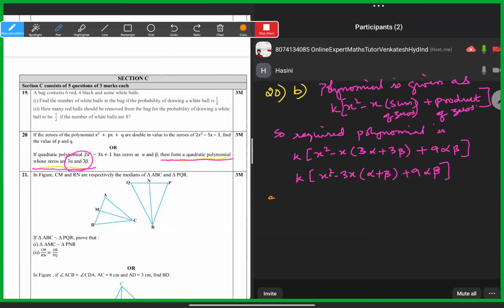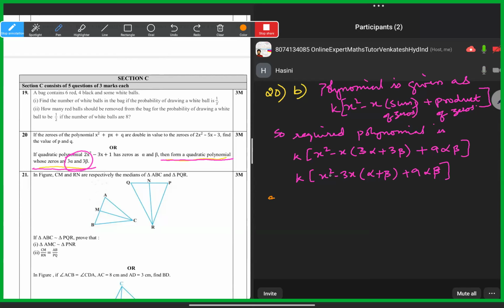Now alpha plus beta and alpha beta we can find directly using minus b by a and c by a. So alpha plus beta is equal to minus b by a.